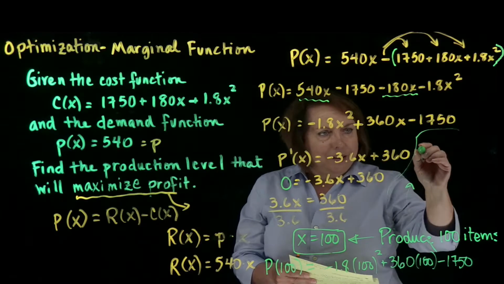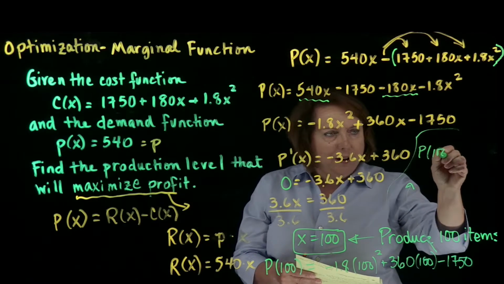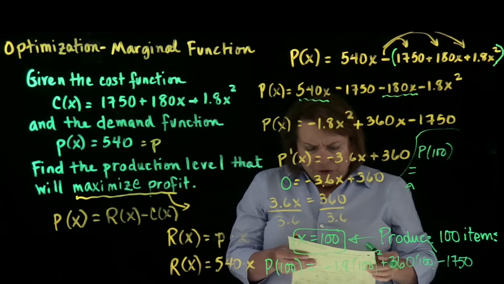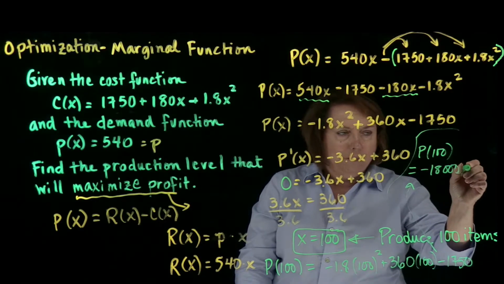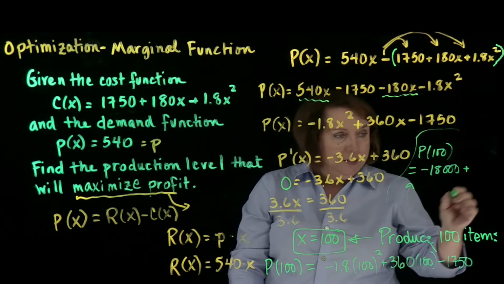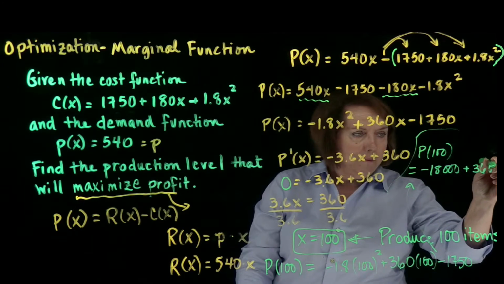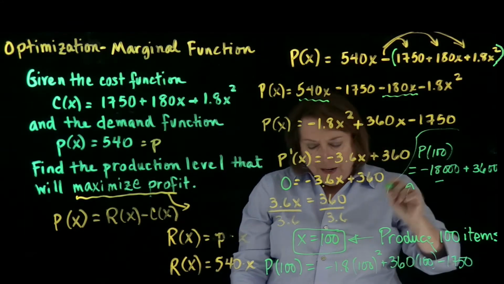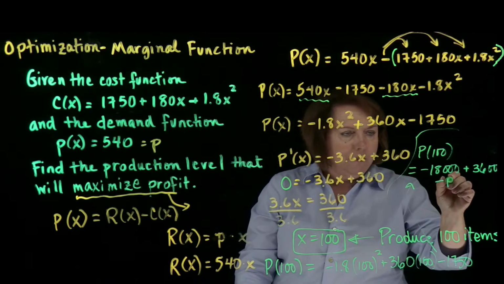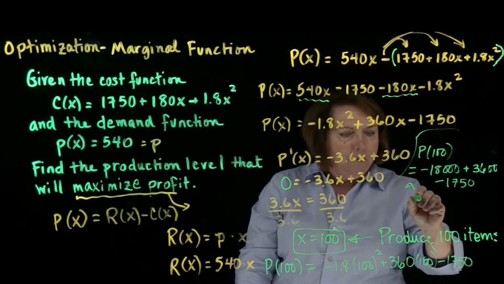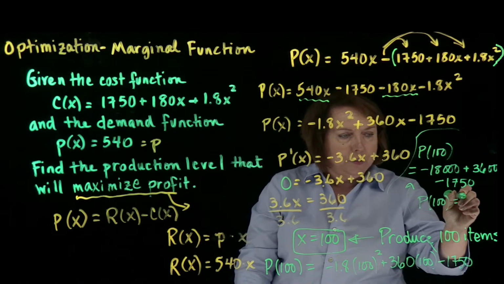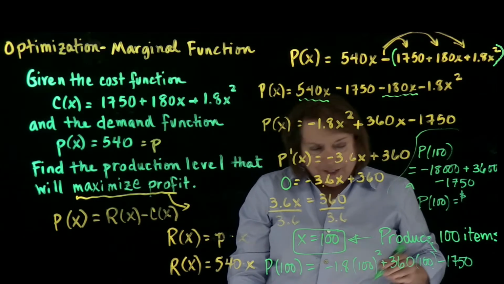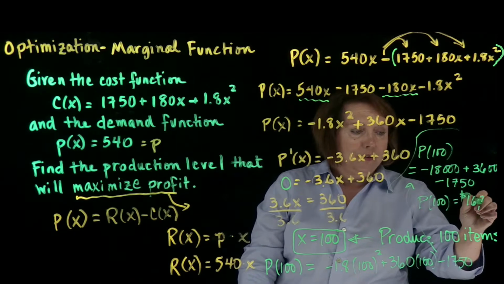When you calculate this, you'll have that P of 100 is equal to negative 18,000 plus 36,000 minus 1,750. And what this profit will end up being for 100 items produced is a profit of 16,250.